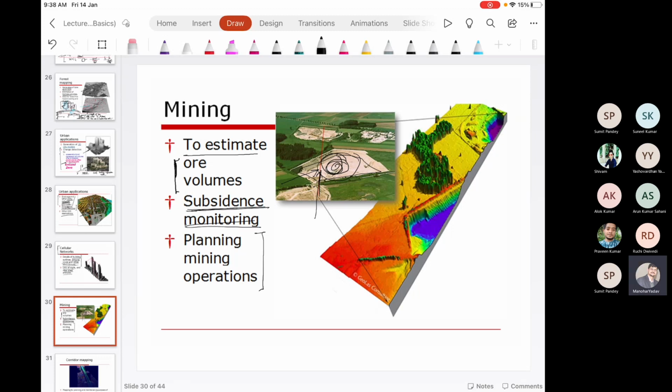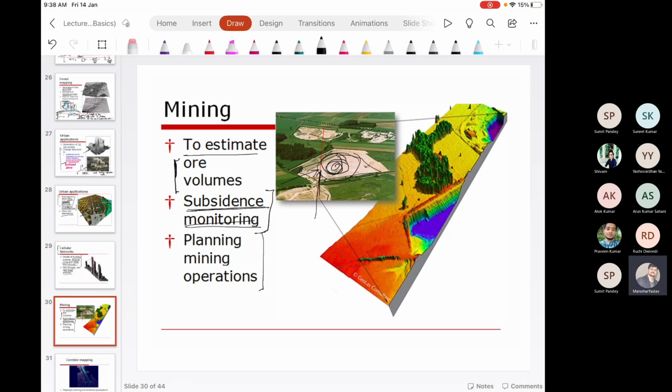Then subsidence monitoring. If there is a sudden depression in the ground, that can be monitored by analyzing the change in the surface at many instances.